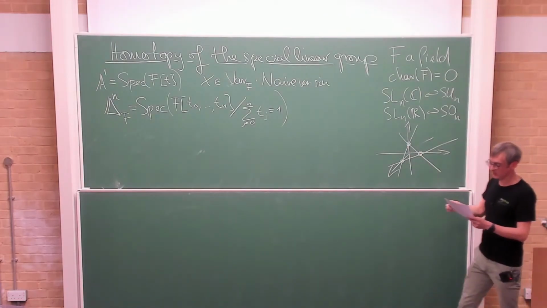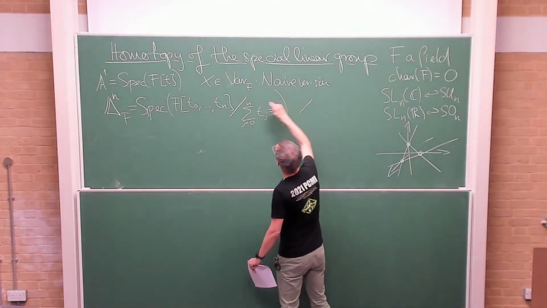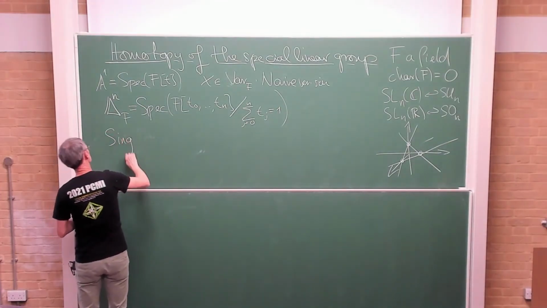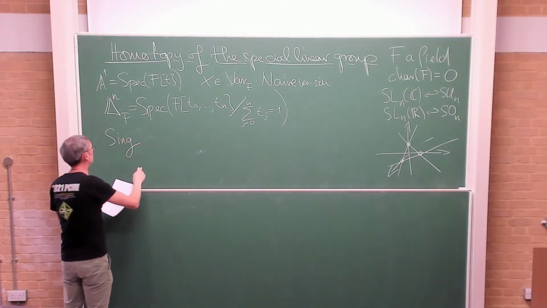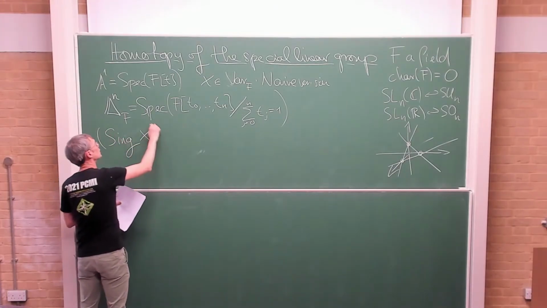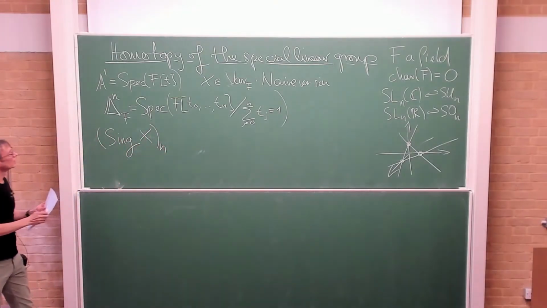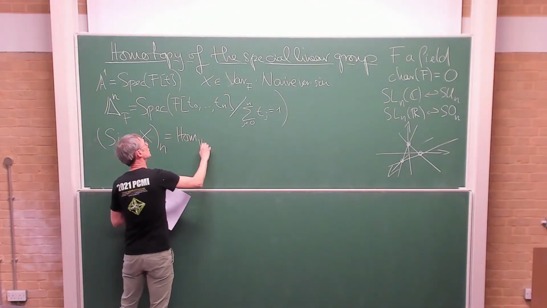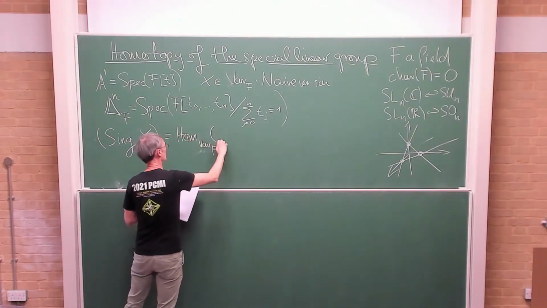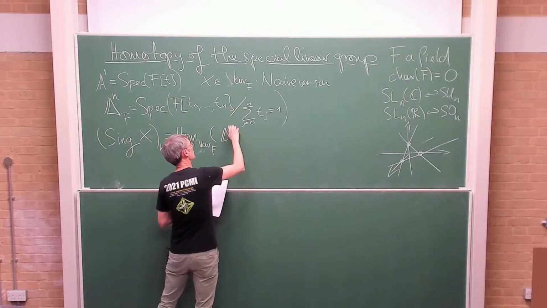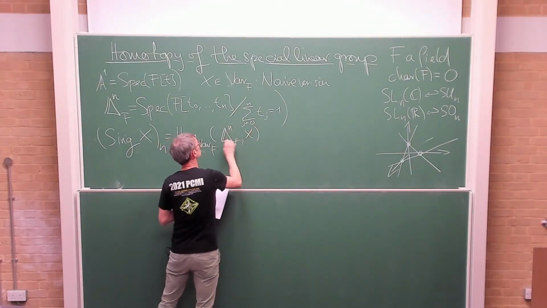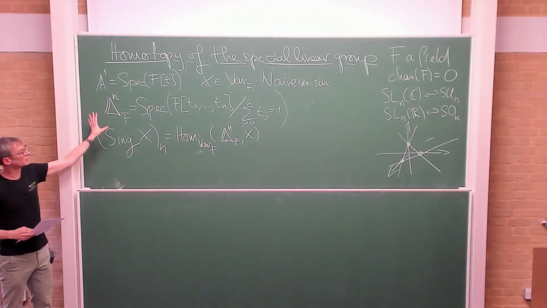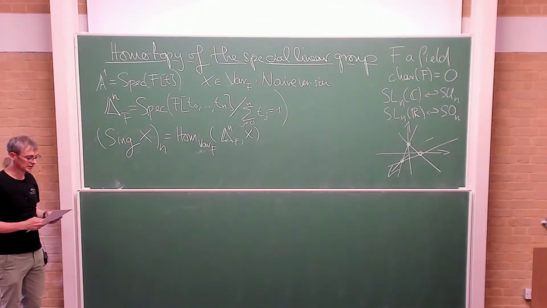Okay, and if we have this variety, then we get a Suslin construction in this context, a simplicial set, and the n-simplices are the variety morphisms from the affine n-simplex to X. Since these give a co-simplicial object, we get here a simplicial set.